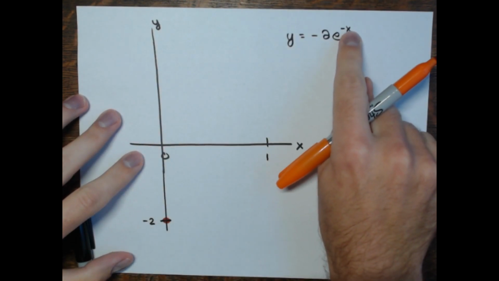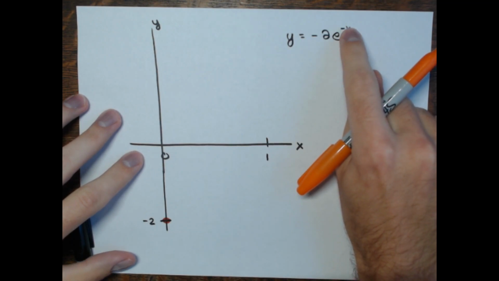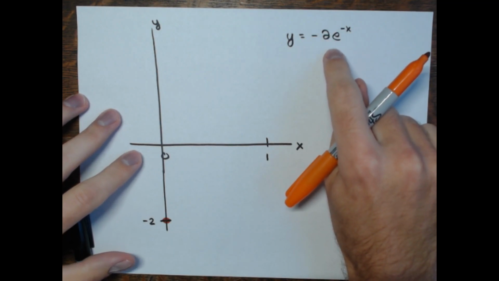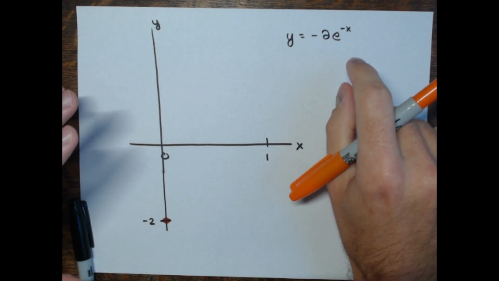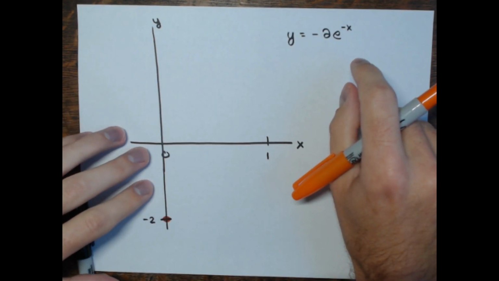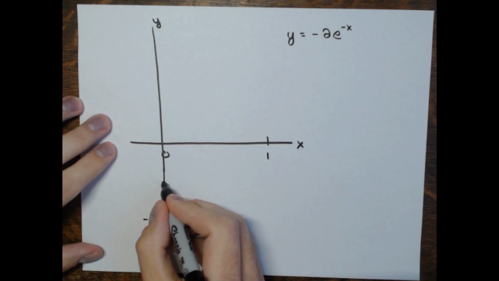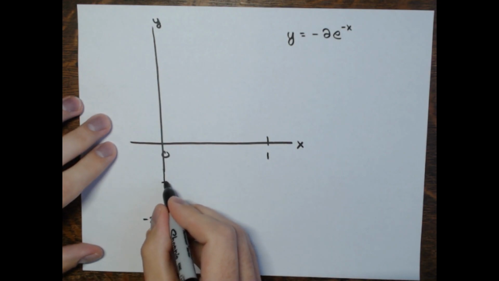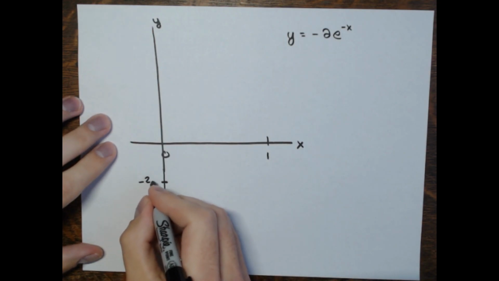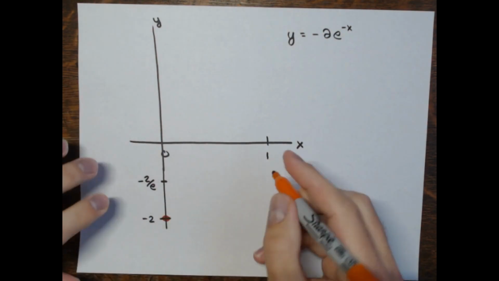And then e to the negative 1 at the other end would be 1 over e. 2 over e is about 2/3. It's actually a little bigger than 2/3. So this would be about negative 2/3. Definitely not beyond negative 2. So negative 2 over e, 2 times e to the negative first, for the output on the other end.